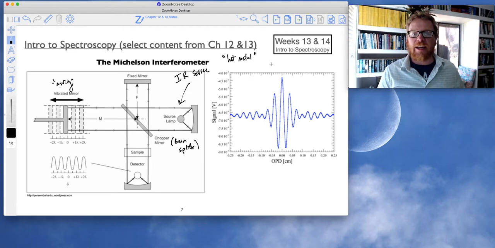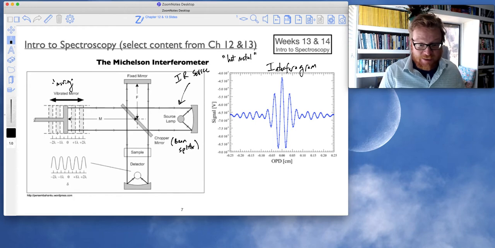So this is an interferogram. This graph right here is the interferogram. And this X scale right here is the distance that this mirror moves, all right?